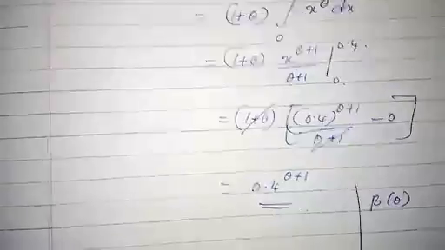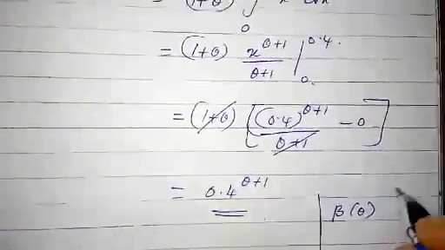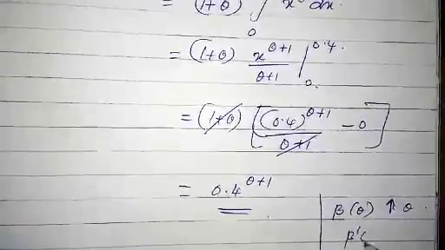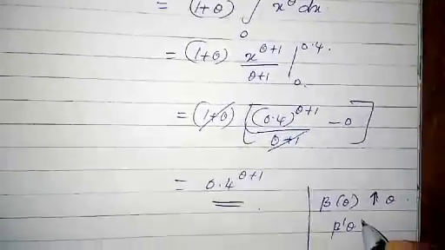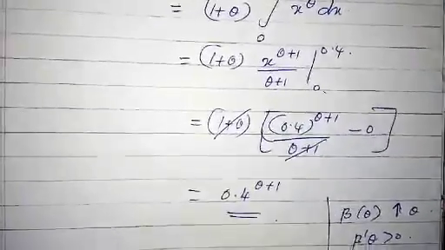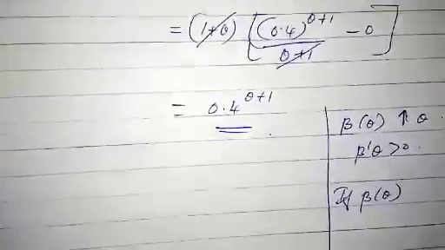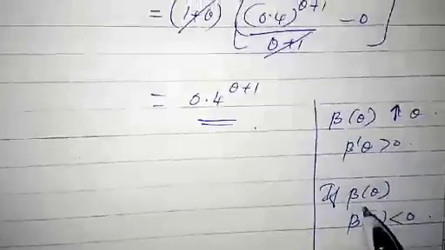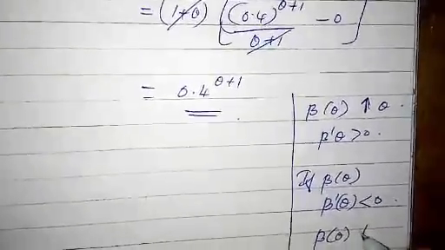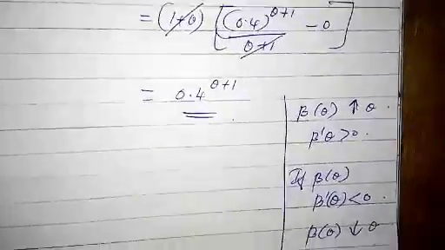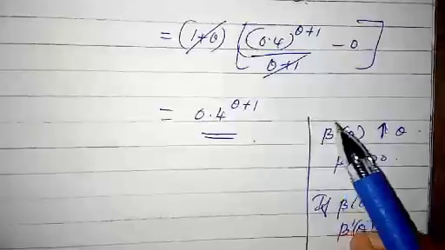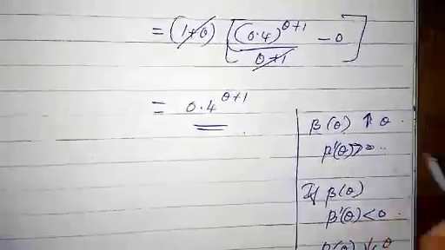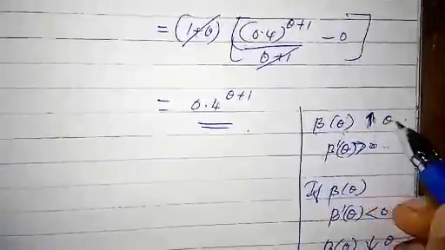How do we find out whether beta of theta is an increasing or decreasing function of theta? If b dash of theta is greater than 0, then beta of theta is a non-decreasing function of theta.